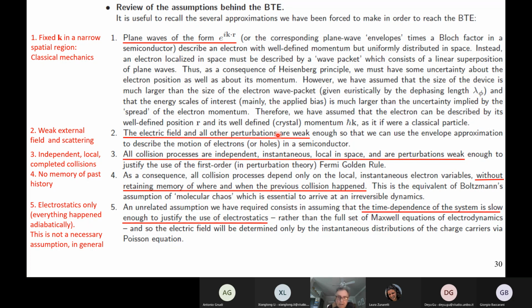And indeed, I've seen, and it's not uncommon to see, scattering rates of 10 to the 15 per second. And this is beginning to be a little, how could I say, it makes me uneasy to think of scattering rates which are so large. Yet, the problem is if you cannot use perturbation theory, what else do you do?